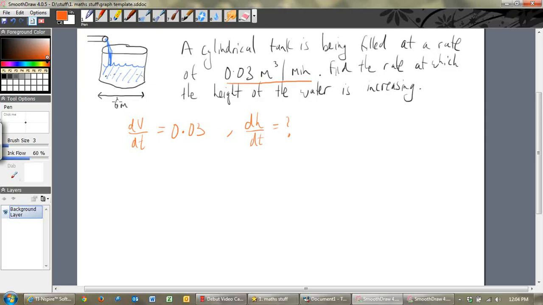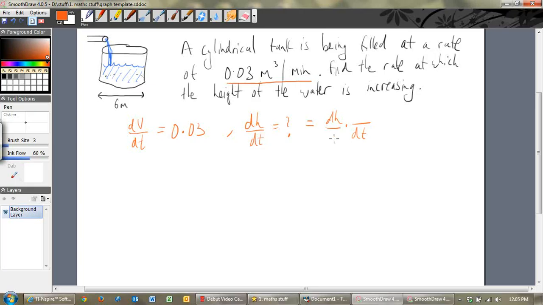We know that the diameter is 6 meters, but we don't really know more. What we want to do next is to write down the chain rule. So for dH dt, I'll write it up here. What that will be equal to is the chain rule. There's the chain rule, and what you want to do is fill in the gaps here.